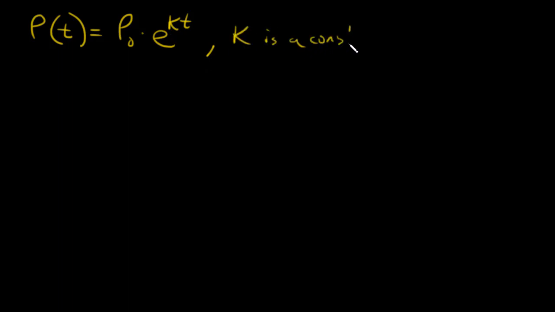Okay, so I'm going to rewrite at the very top what we just had. We had p of t is equal to p naught times e to the kt. And this model right here assumes that we have a growth rate that is constant. So k is a constant. Okay? No matter what the population is, the rate at which it's growing, the growth rate, is always the same.